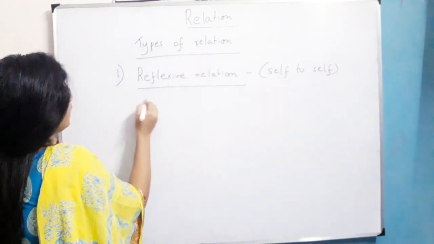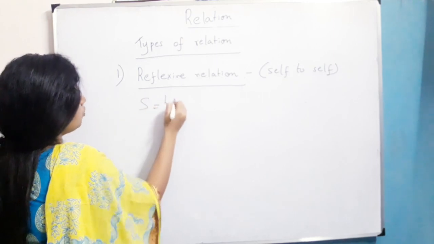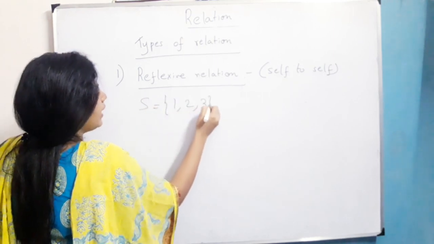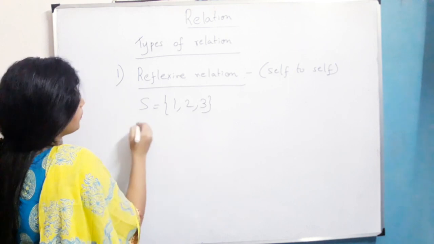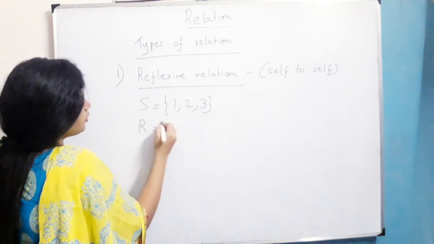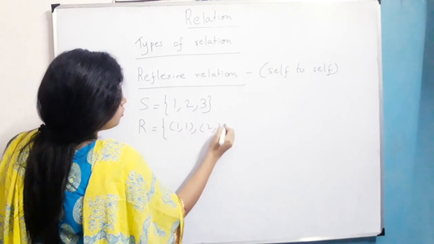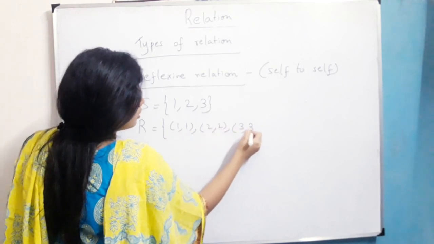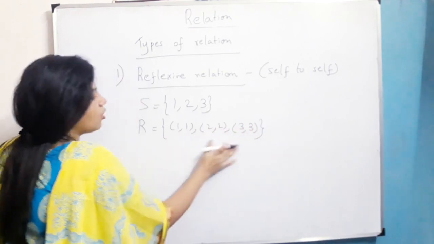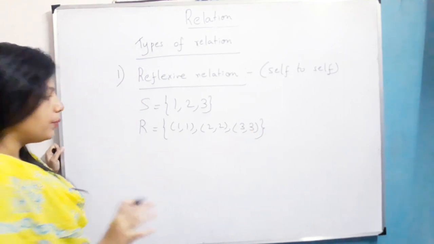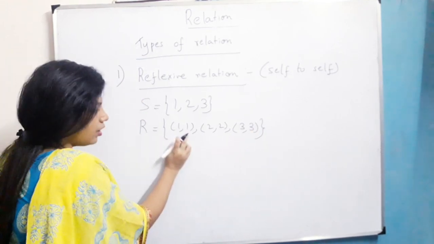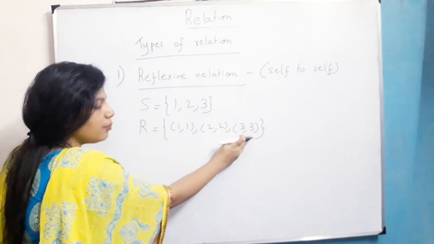Suppose I take a set here, S equals {1, 2, 3}. I have taken one example. Suppose the relation is (1,1), (2,2), (3,3). This is called a reflexive relation, meaning self to self, both the numbers will be the same.